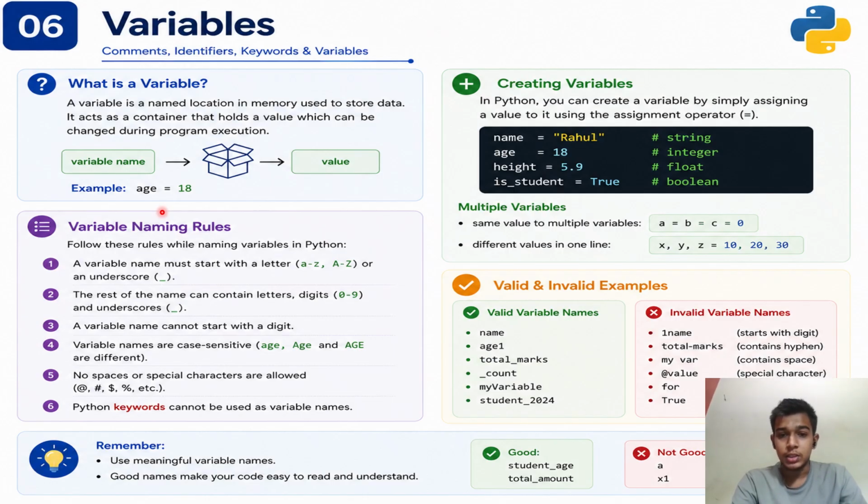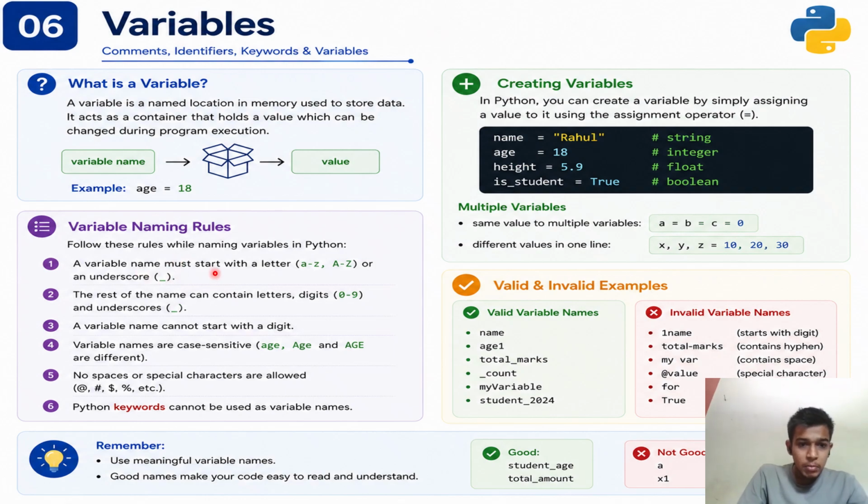Now, creating variables. Creating variables in Python is very simple. We use the assignment operator. For example, name is equal to Rahul, age is equal to 18, height is equal to 5.9. Here, equal to is the assignment operator. Now, there are rules for naming variables.